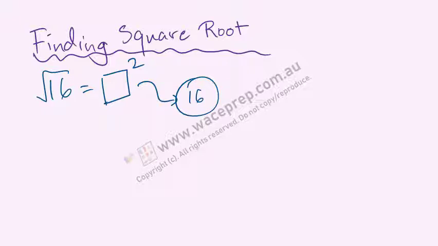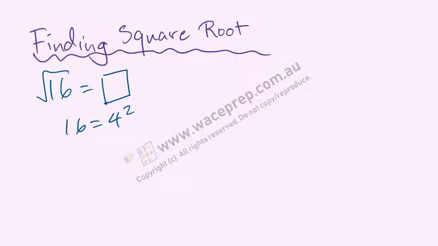And the square root of 16 only accounts for the number in this box, not the square. Once again, if 4 squared provides us 16, then the square root of 16 is only 4. I hope that makes sense. So the answer is 4 here.